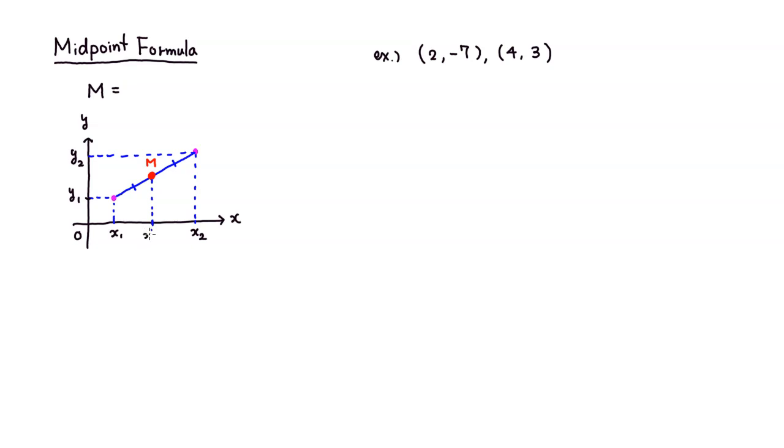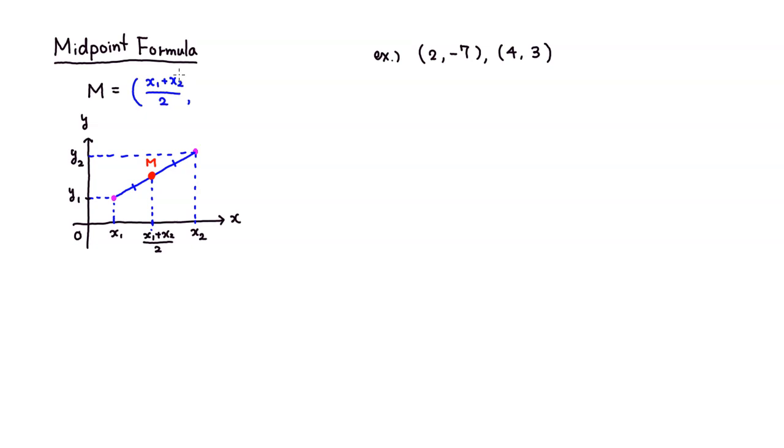So you have x1 plus x2, add them up and divide by 2. So by taking the average, we can find the middle number. So the x coordinate of the midpoint can be written as x1 plus x2, so sum up the x coordinates of those two given points and then divide by 2.